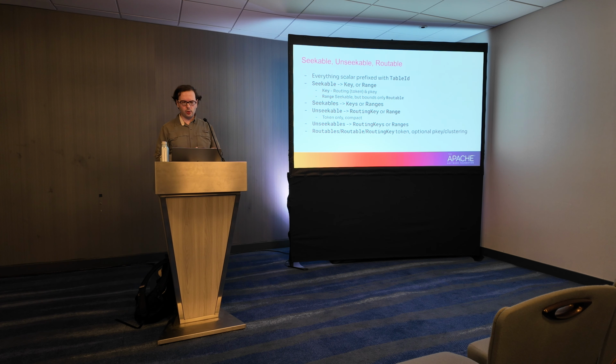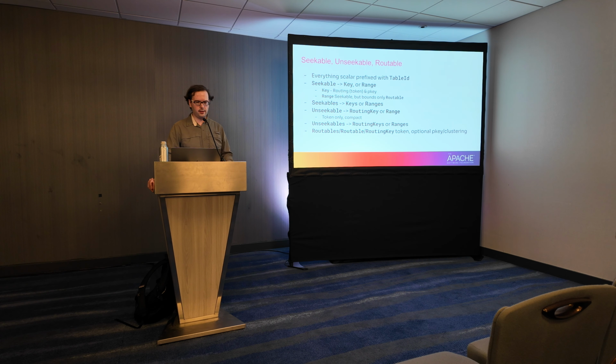So when you're using Accord or looking at Accord, it'll be asking for these different collections. It's helpful to know what they are. Seekable just means it includes the partition key. Unseekable means it is just the token. And rootable means that it could be either, which means I implement an interface and I don't really care whether someone gives me an unseekable or a seekable.